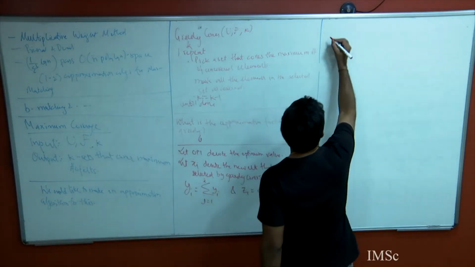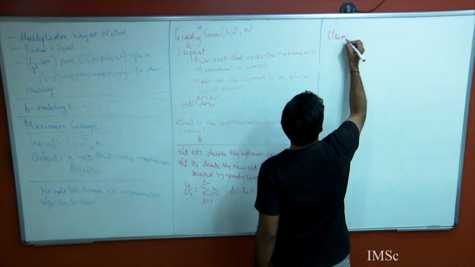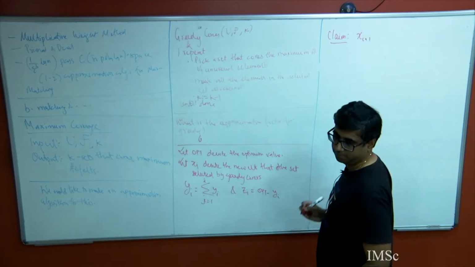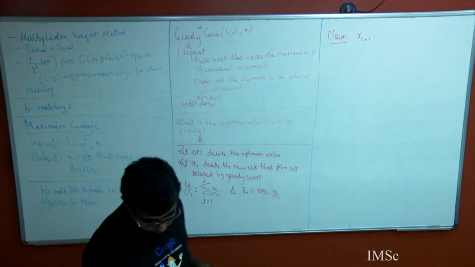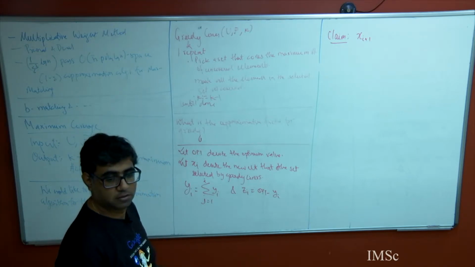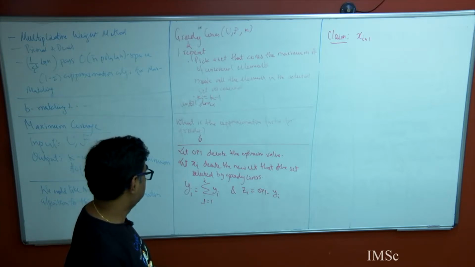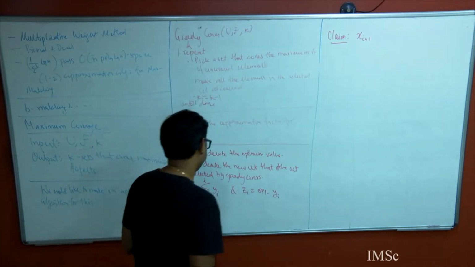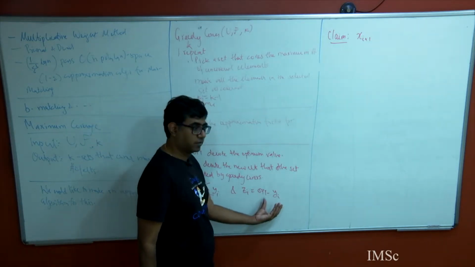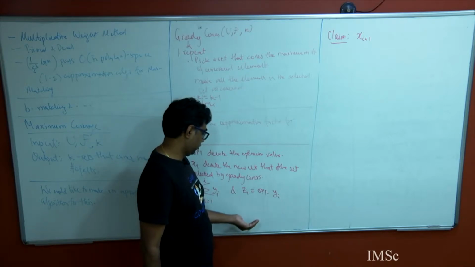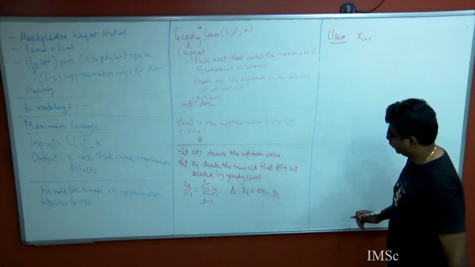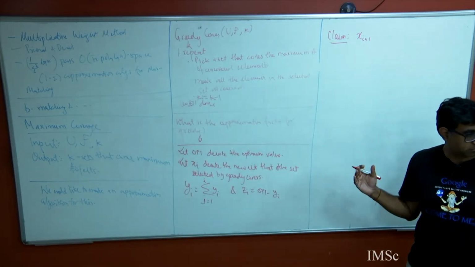So here's my simple claim. What can you say about x_{i+1}? How many new elements will x_{i+1} be covering? There are so many new elements left. Opt covers a certain number of elements.